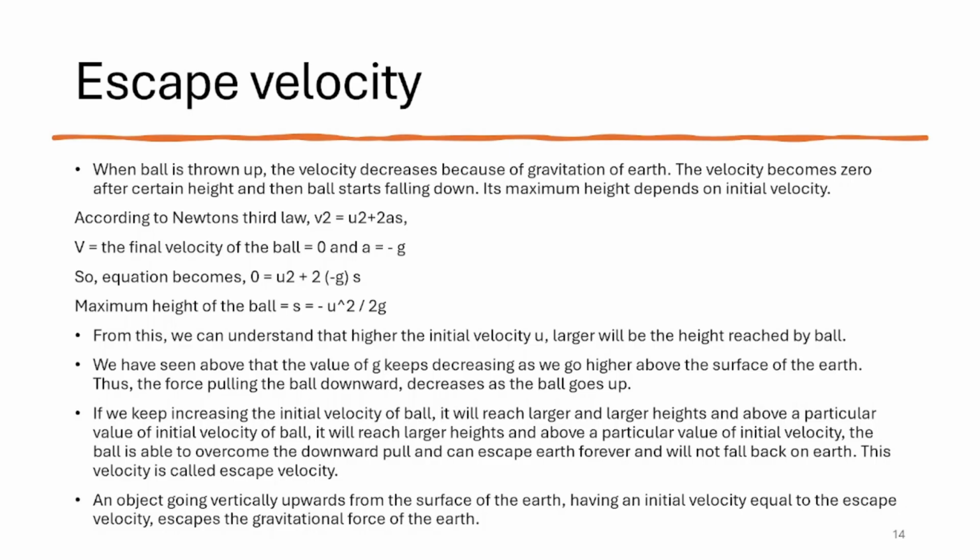And above a particular value of initial velocity, the ball is able to overcome the downward pull, and it can escape from the earth forever and will not come back. This velocity is called escape velocity. An object going vertically upward from the surface of earth with initial velocity equal to escape velocity will escape the gravitational force of earth.